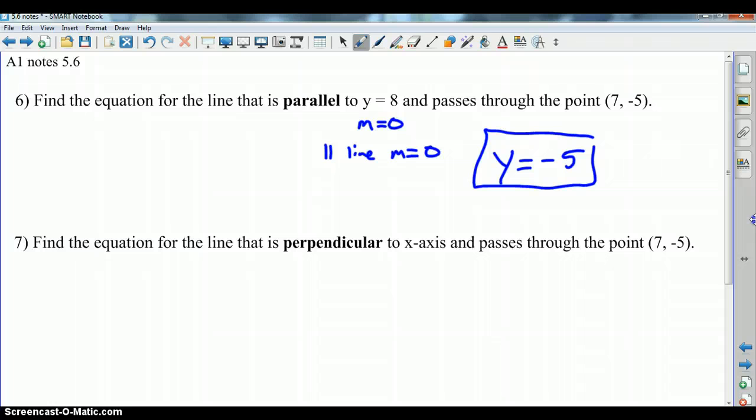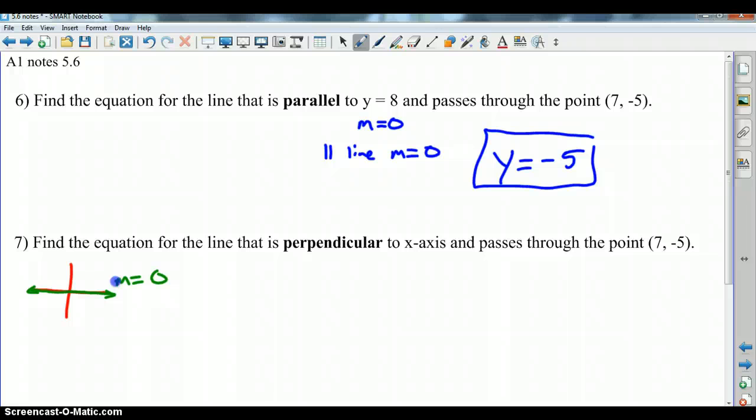All right, the last one we'll look at together, find the equation of a line that is perpendicular. Again, we've switched it, perpendicular this time, to the x-axis and passes through the point 7, negative 5. Now, when you think about the x-axis, it's a horizontal line. The slope of that line, I'll go ahead and sketch it on here so you can actually see it. There's the x-axis right there. The slope of that line is 0.